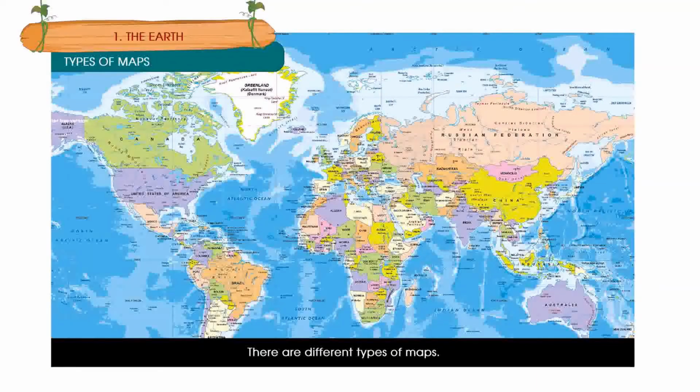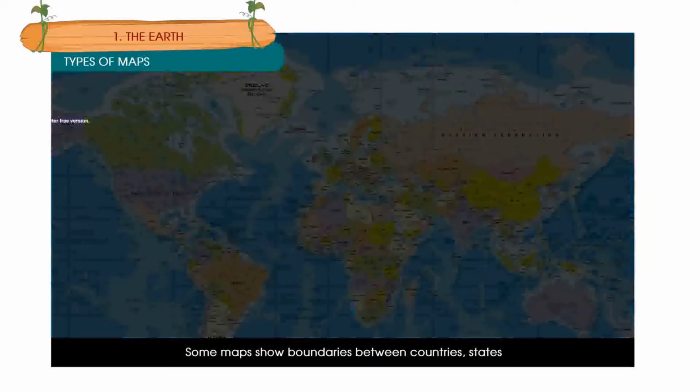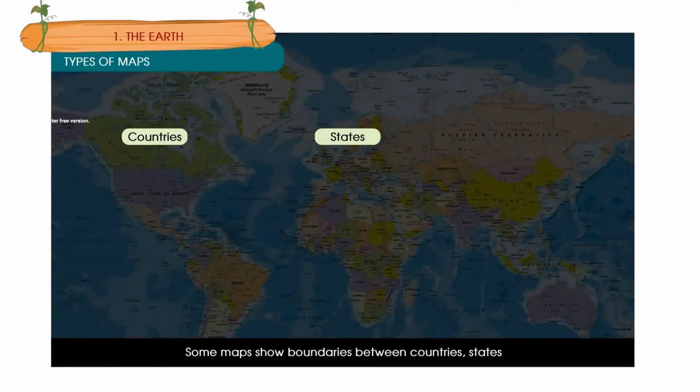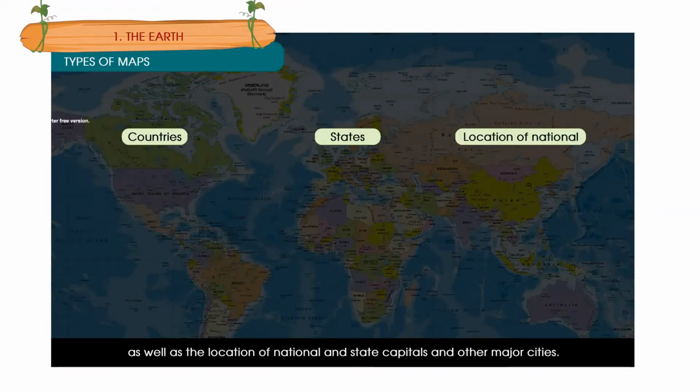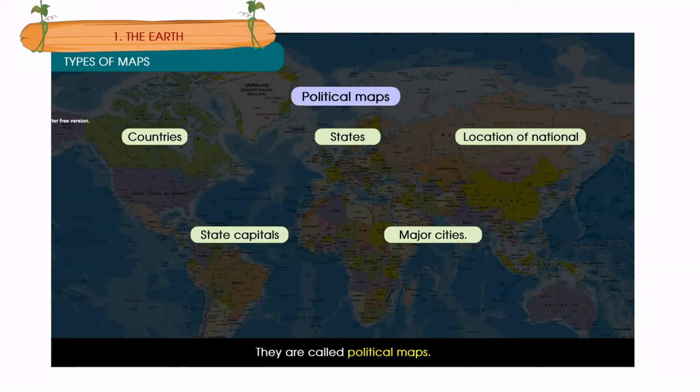Types of maps. There are different types of maps. Some maps show boundaries between countries, states, as well as the location of national and state capitals and other major cities. They are called political maps.